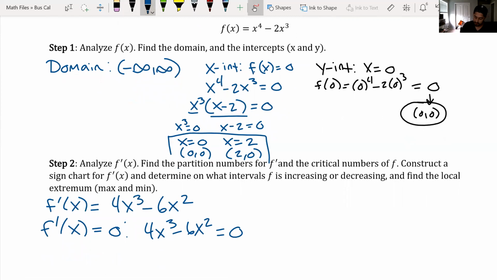And then solve for x. Greatest common factor, I can take a 2x squared out, and that would leave me with 2x minus 3 equal to 0.